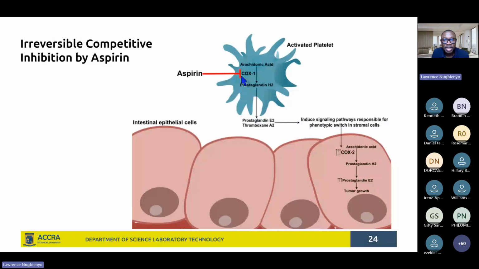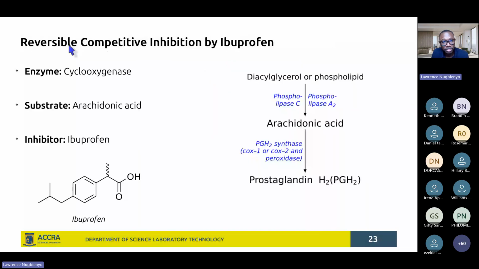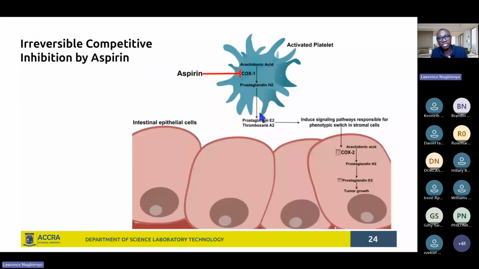But of course, aspirin is a special case because it does that by irreversible inhibition. I think previously what we were looking at for brufen is reversible, but this is irreversible. So a similar reaction, aspirin is doing the same as a non-steroidal anti-inflammatory drug.